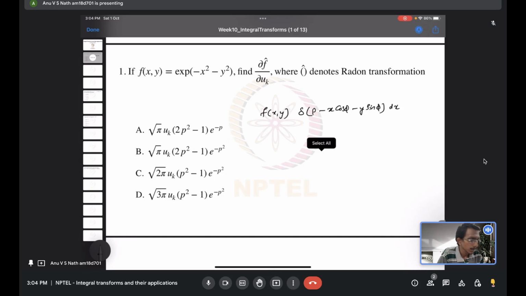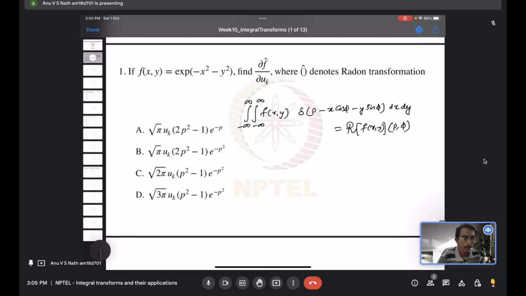Then we have to integrate it dx dy, where x and y can be integrated over the entire real domain. This will give the Radon transform of the function f of x comma y in the variables p comma phi. So this is one of the definitions.